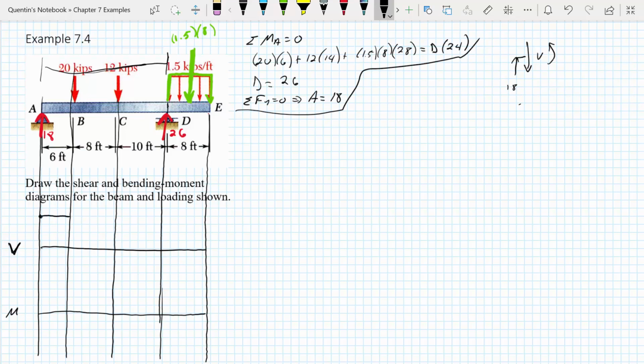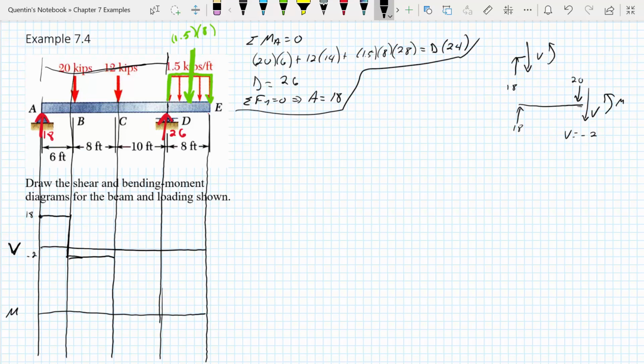And then it's going to drop by 20. I can tell you that both from practicing a little bit, but also from the load of 20. Now you have your V and your M. V has to be minus 2, which is 20 down from here. So this is 18, it's going to drop by 20 down to minus 2. It's going to hold that constant across to here.